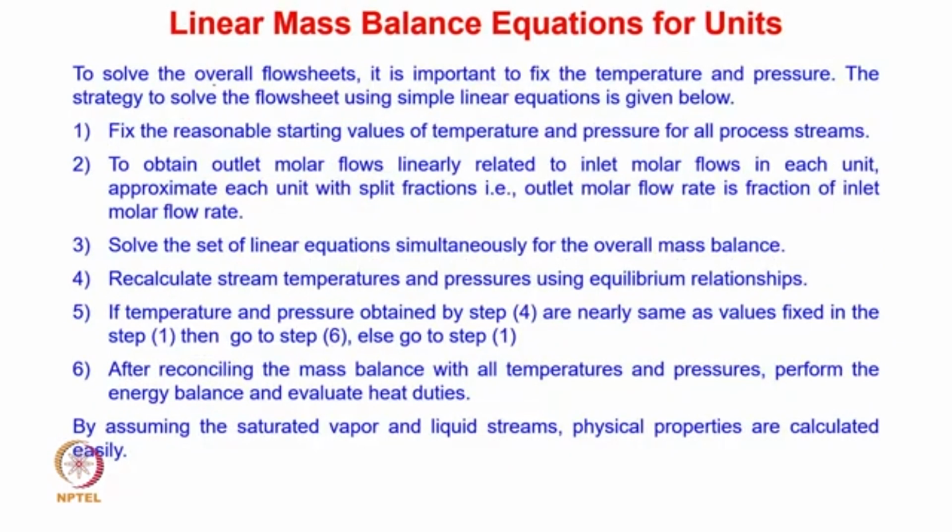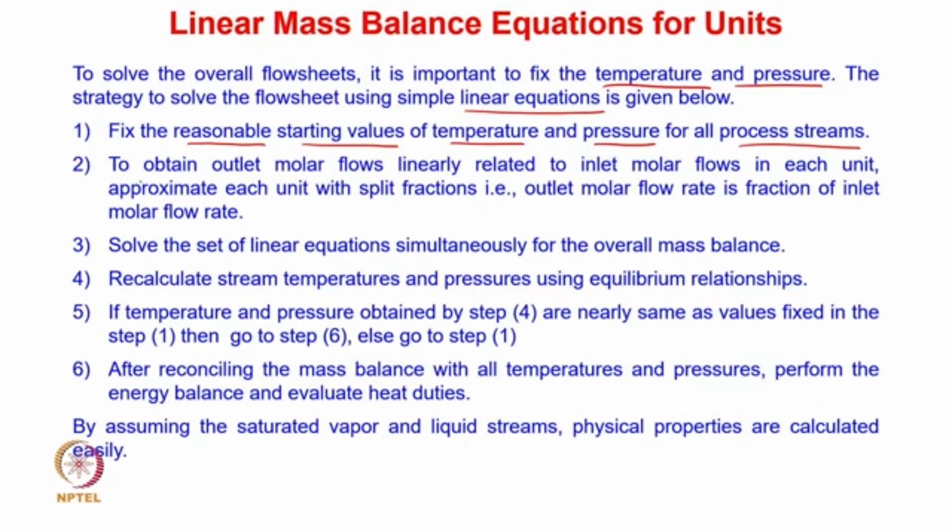To solve the overall flow sheet, it is important to fix the temperature and pressure, and the strategy here is to obtain the linear set of equations. For that, the different steps are given. The first step is to fix reasonable starting values of temperature and pressure for all process streams.